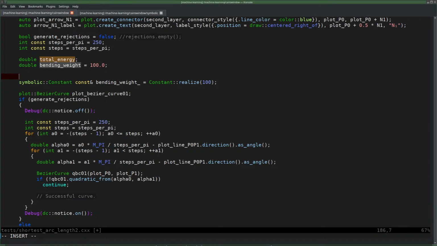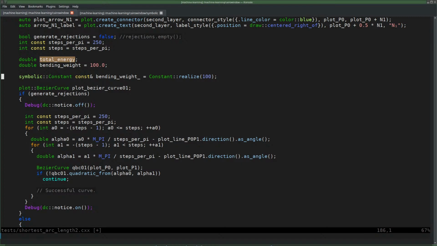And the total energy I can solve as a function, I suppose. I think, yeah, it's not working. I don't have a plus equals. Can make it total energy, but it's a reference, so we have to immediately assign it.